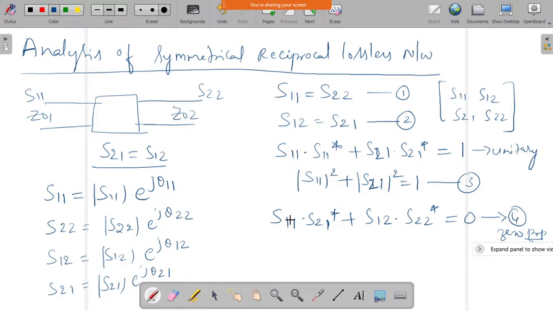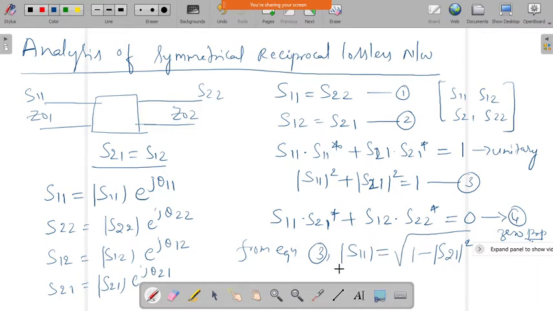From equation 3, if I want the magnitude of S11 in terms of S21, it equals the square root of 1 minus the magnitude of S21 squared. So if I know the magnitude of S21, we can calculate the magnitude of S11. Now let us see how we can calculate the phase.